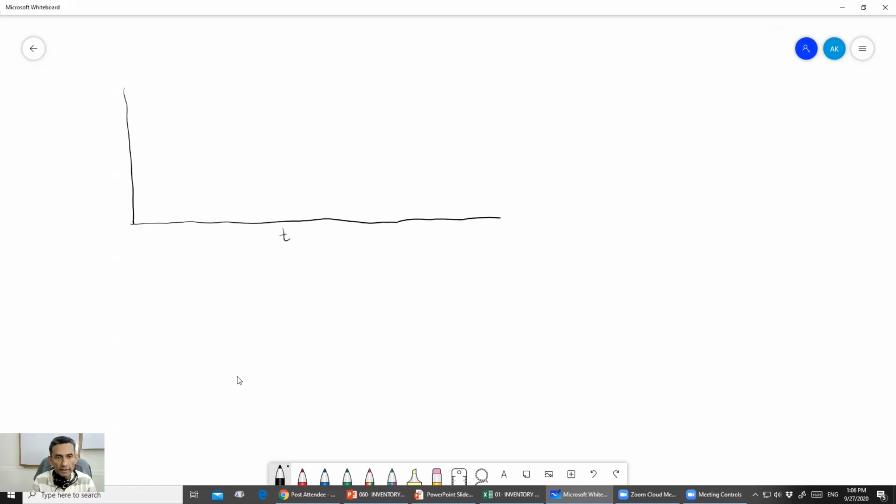Say on the x-axis I have time, and on the y-axis I have quantity of some item, let us say rice or wheat. Let's take rice. Now, let's assume that at time point t equal to 0, today, I'm going to take the first stock of the rice that I have.